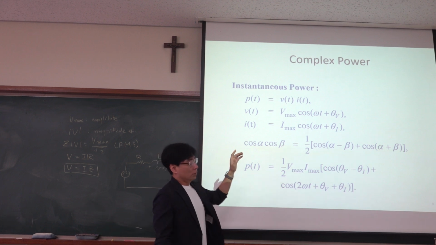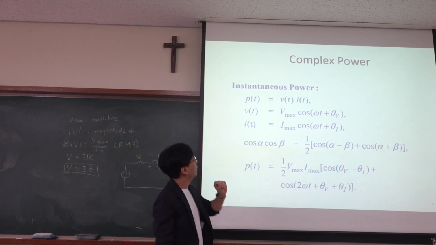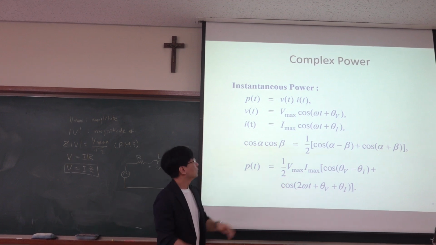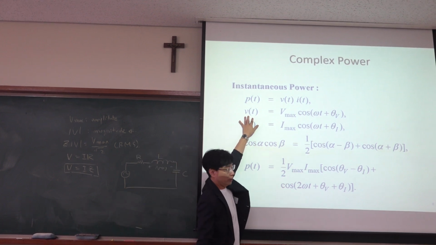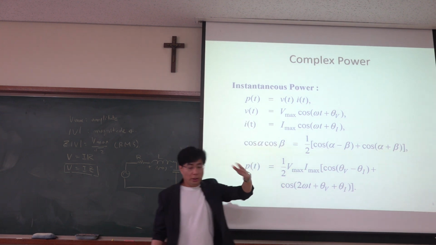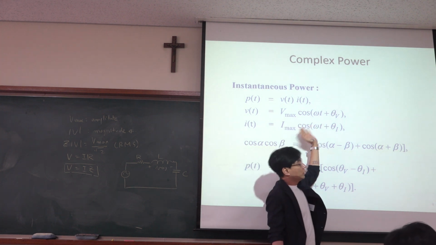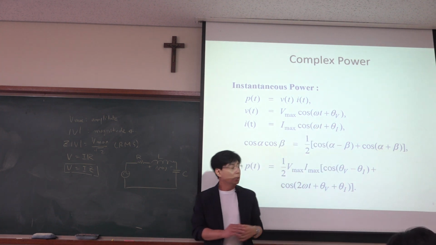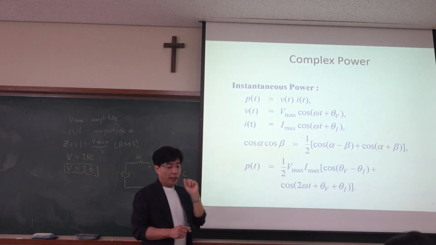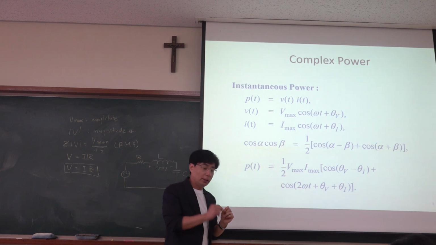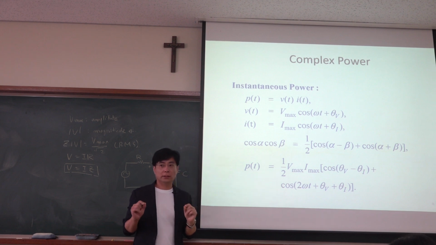But we can define power physically. That is instantaneous power. So when we have voltage and current, and they change over time. And actually here we assume a sinusoidal stationary system, but the definition of instantaneous power can be applied to any voltage and any current, even if it is not stationary.